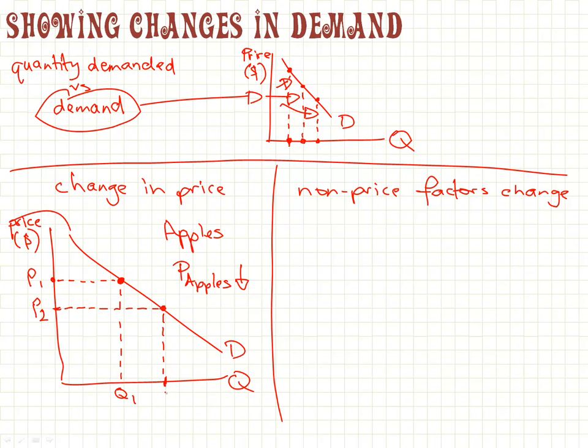So what you can see here is that a change in the price is shown as a movement along the demand curve. The actual demand curve itself does not change, we just move along. In this case the price has gone down, so we show that with arrows there.